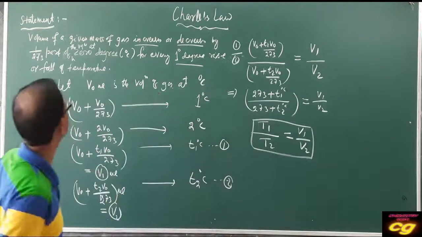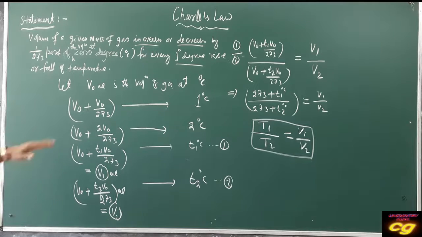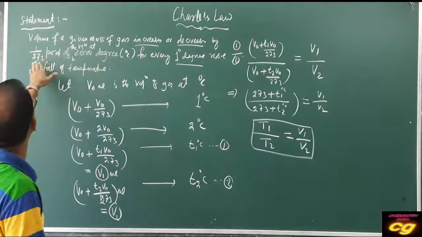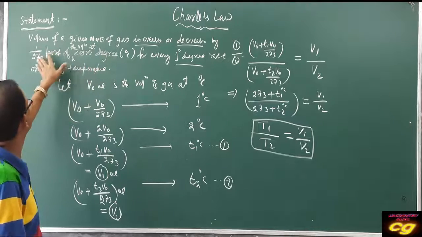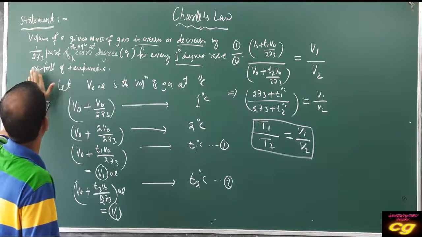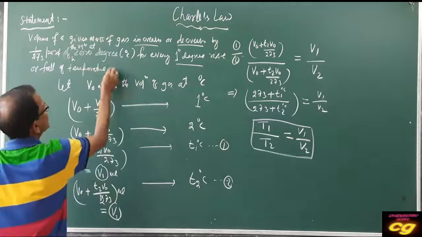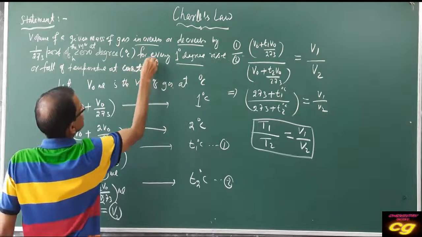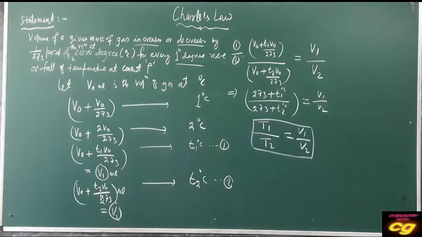Now the condition here is that the volume of a given mass of gas changes by 1/273 part of the volume at 0 degree Celsius for every 1 degree of temperature at constant pressure. Pressure must be taken constant.